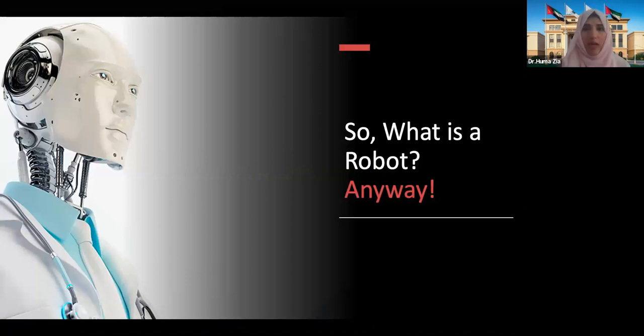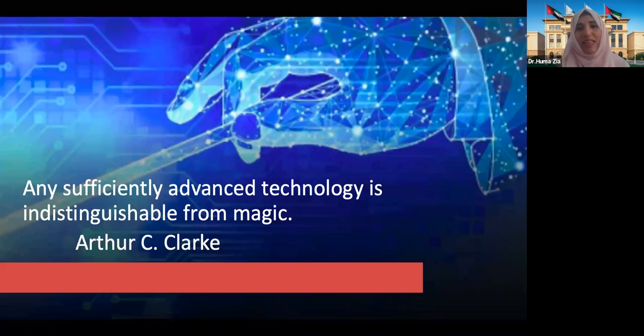Now, what is a robot actually? So, as Arthur Clarke said, any sufficiently advanced technology is indistinguishable from magic. So to a novice, all science is actually indistinguishable from magic.